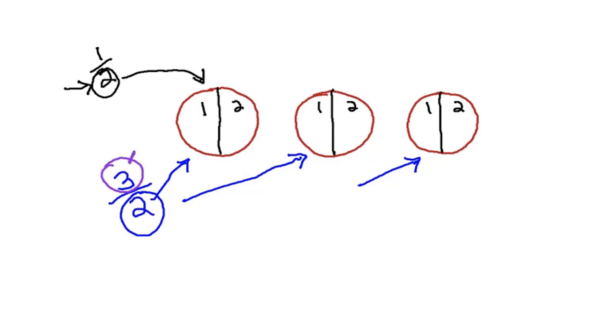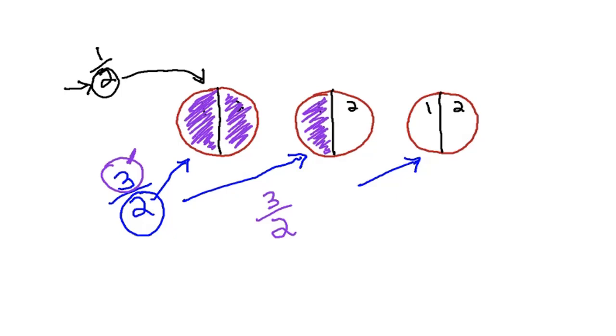So 3 is how many pieces of pizza we're going to take. So let's color in 3 pieces of pizza. And each pizza is divided into 2 equal parts. So 1, 2, 3. So that would be 3 halves of pizza.